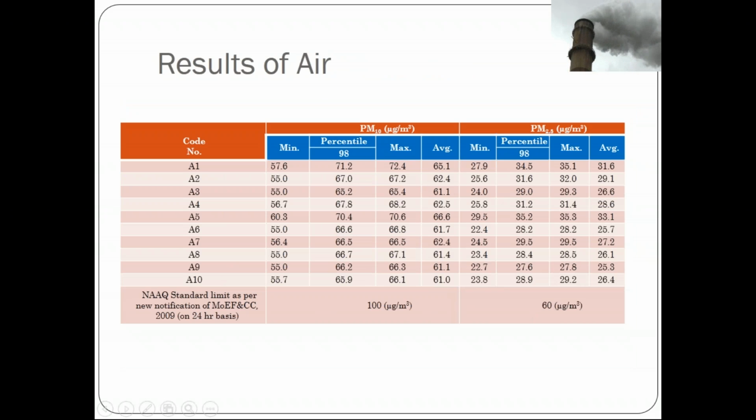And here you can see the result of the air pollution. In an EIA report, we cannot put raw data. We have to put the processed data only. Here you can see the minimum, percentile, 90th percentile, maximum, and average.